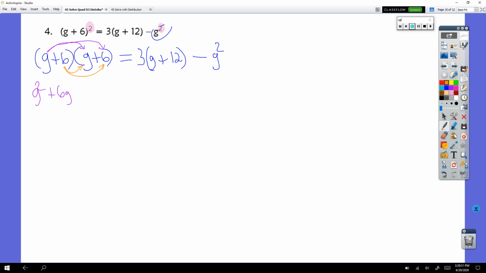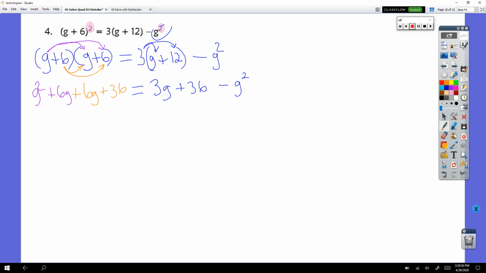So I'm doing my FOIL pattern, 6 times g, and now I'm doing 6 times 6. Okay, so I've gotten rid of the parentheses on the left. On the right, I need to distribute the 3 through the parentheses that follow it. And then the minus g squared needs to stay as it is.